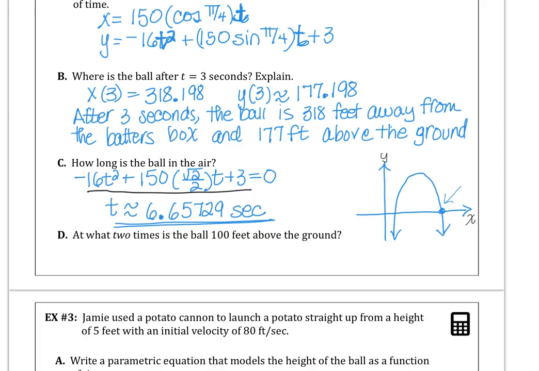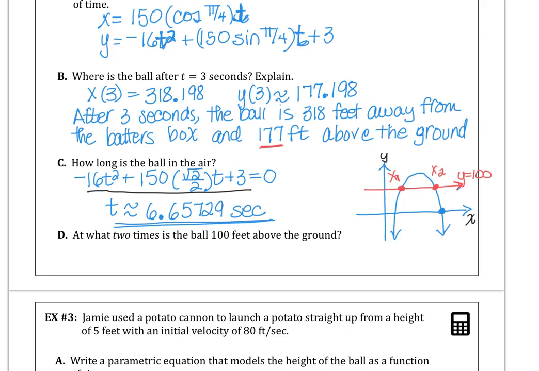Then at what 2 times is the ball 100 feet above the ground? So if we graphed y equals 100 for our second equation, there's 2 times when the ball is at that height, because we already know it was way up there in the air at 177 feet from part B. So I want to know this time x sub 1 and this time x sub 2. And we can use our calculator for that as well, the intersection point.